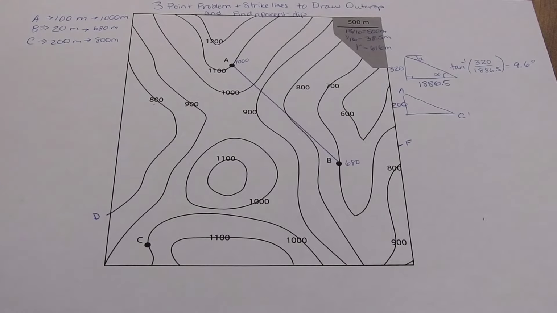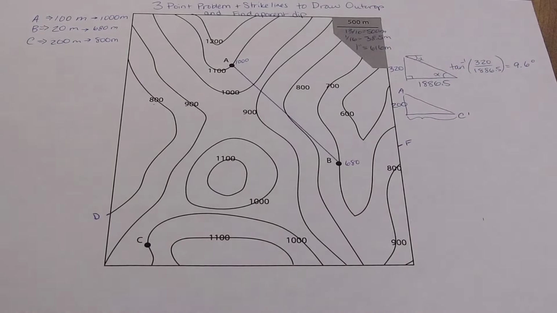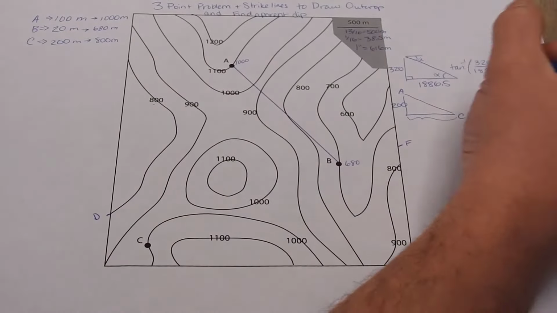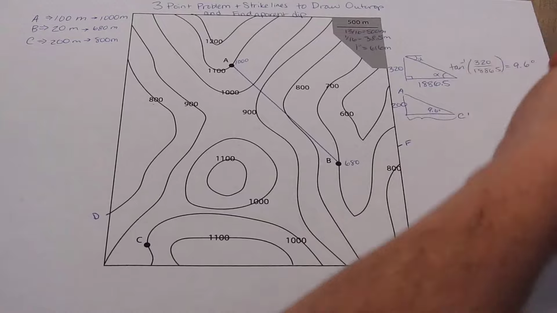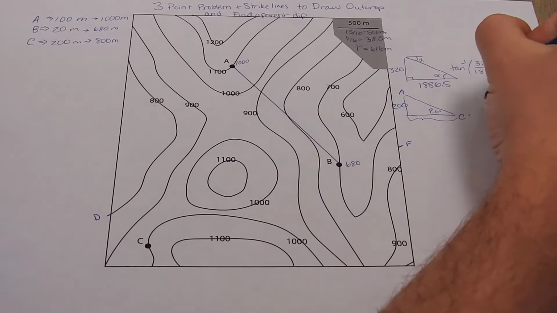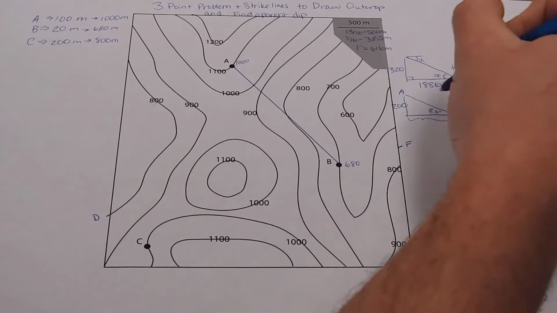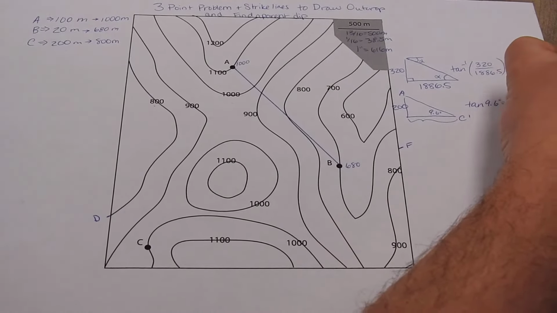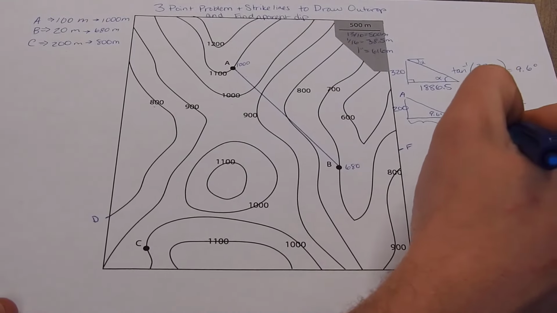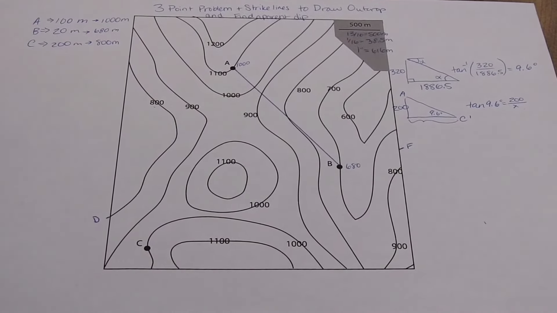That's the height difference. And then I'm trying to find this horizontal distance. And I know I'm moving along this line, so my apparent dip is 9.6 degrees. So tangent of 9.6 degrees is opposite over adjacent, which is what I want, and I'm going to multiply by x, divide by tangent of 9.6 degrees.